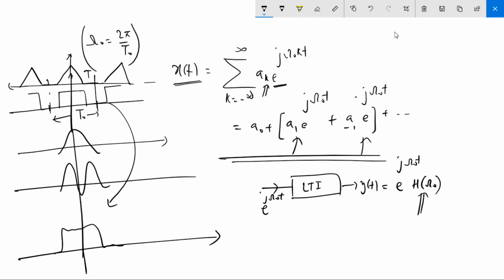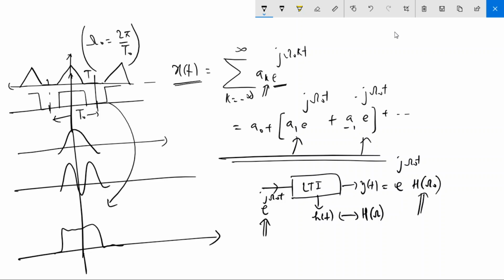Every system has some impulse response, denoted in time by h(t), and if you take its Fourier transform, you get H of omega, which is called the frequency response.